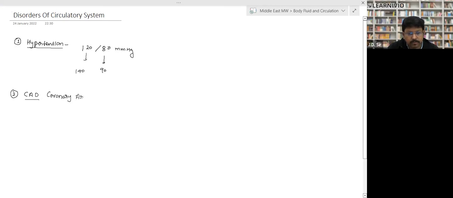Coronary artery disease. This is also called atherosclerosis.